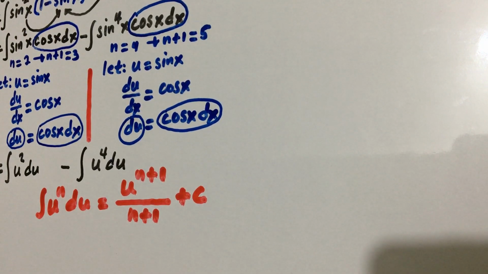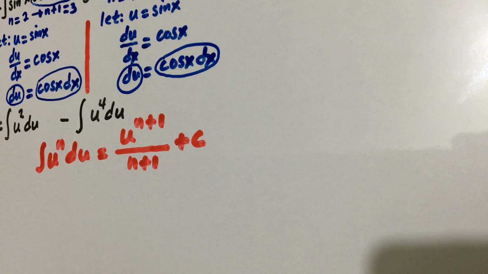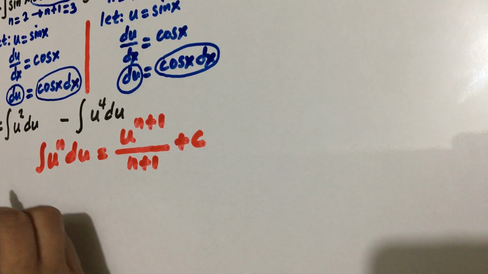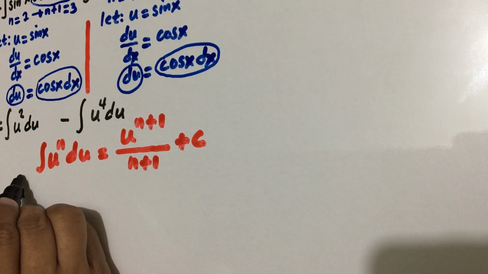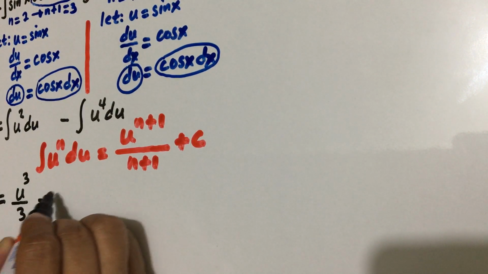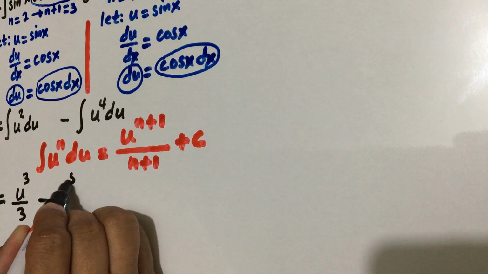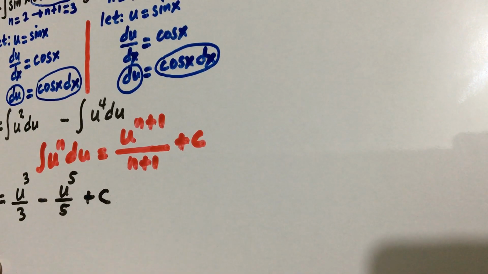Okay, so that is our power formula. Then using that formula, we can have our first term become u to the power 3, or u cubed divided by 3, then minus u to the 5th power divided by 5, then plus c. Okay?